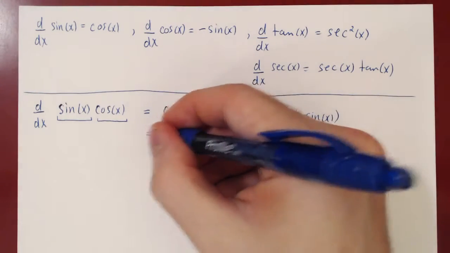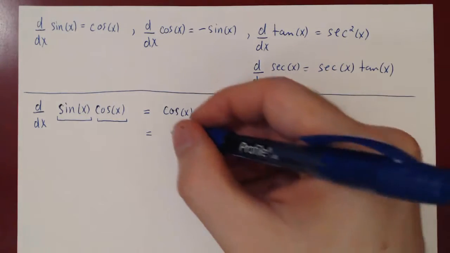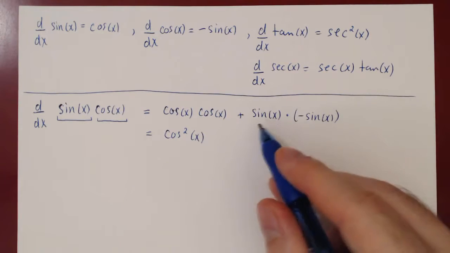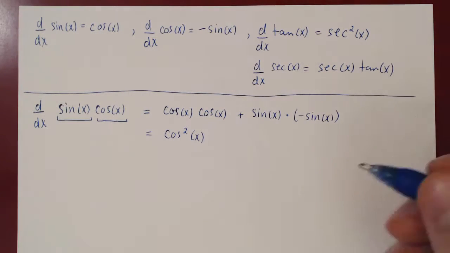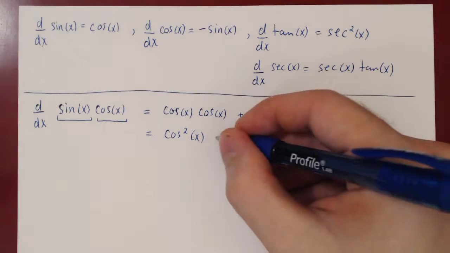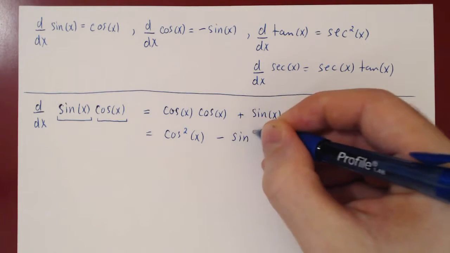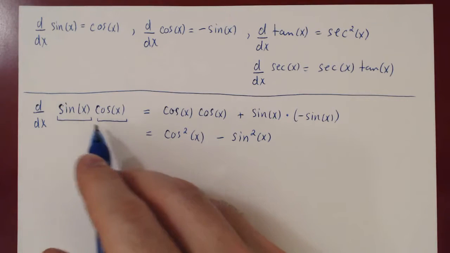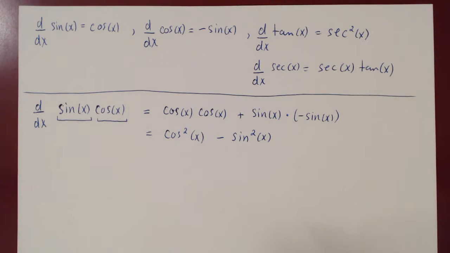So finally, cos of x times cos of x is just cos squared of x. Sine of x times negative sine of x will give us negative sine squared of x. And that's the derivative of sine of x cos of x.